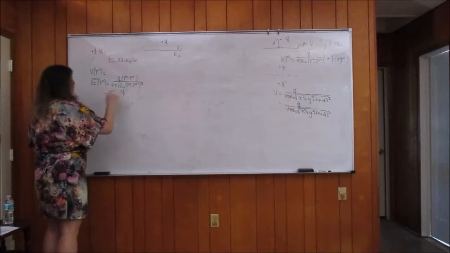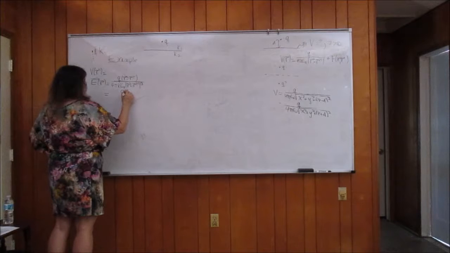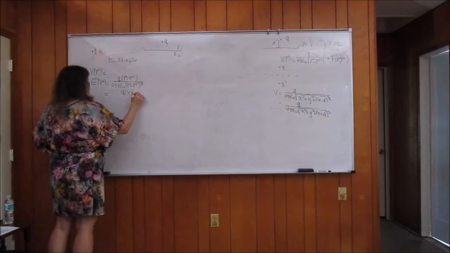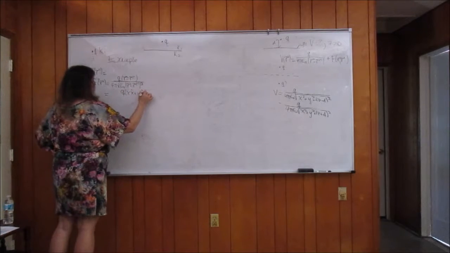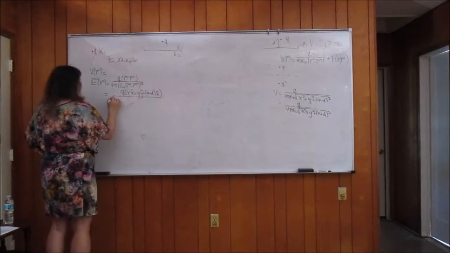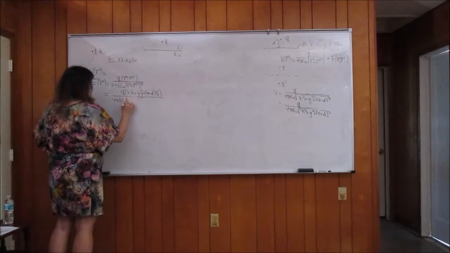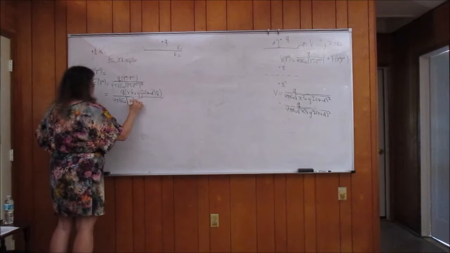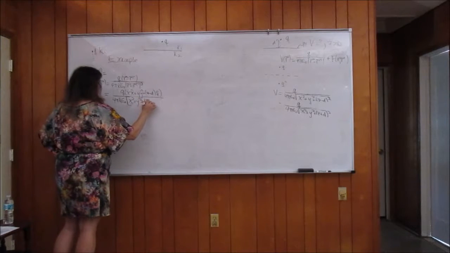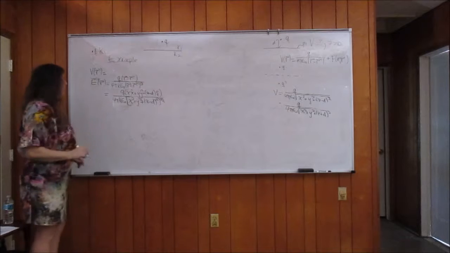So this is Q, and we're evaluating this at x x-hat plus y y-hat plus (z minus d) z-hat, all over 4 pi k epsilon naught times (x squared plus y squared plus (z minus d) squared) to the 3/2. So you know what my electric field is.